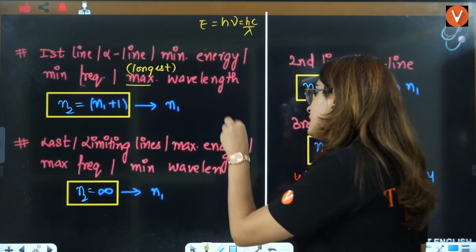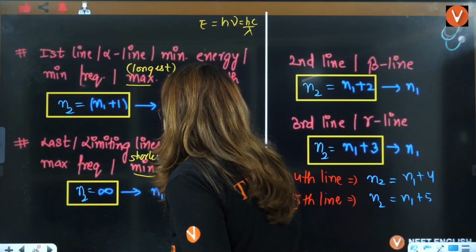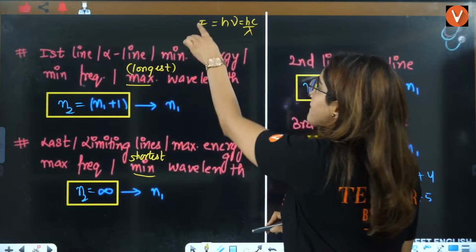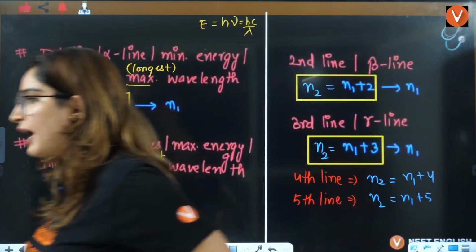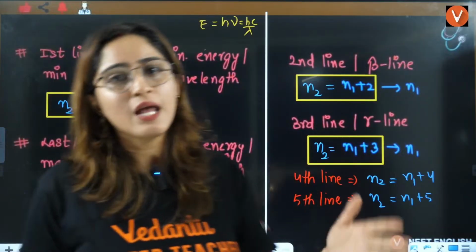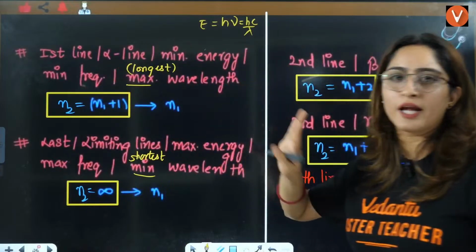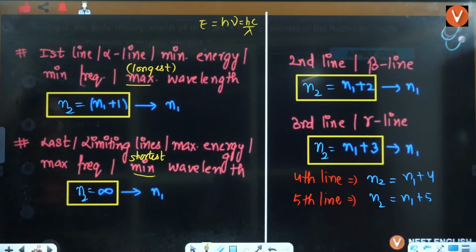If they talk about the shortest wavelength, they are talking about maximum energy, that is N2 is infinity. Students, tell me if that is clear or not. N1 you will get to know from Lyman, Balmer, Paschen. N2 maximum, this they can do to confuse you. Nothing beyond this.